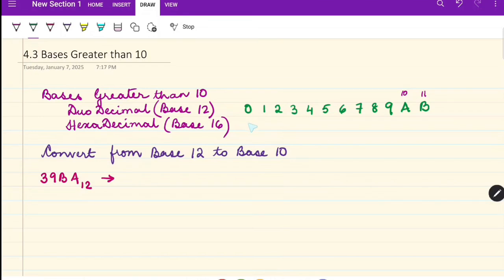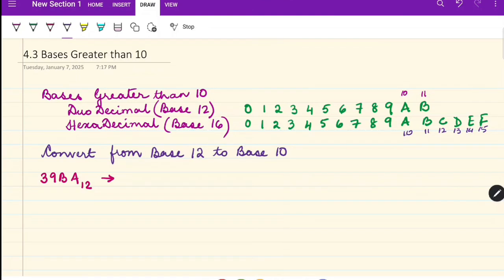So the numerals would be 0, 1, 2, 3, 4, 5, 6, 7, 8, 9, and then A, B, C, D, E, and F. So A has a value of 10, B a value of 11, then 12, 13, 14, and F has a value of 15. So that is how the numerals are for base 12 and base 16.